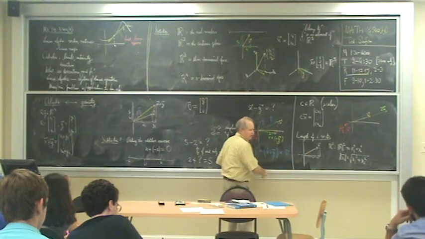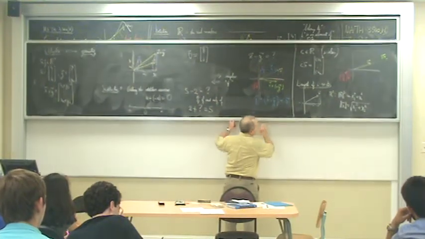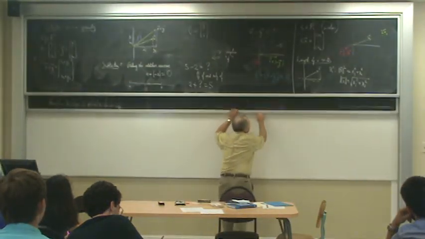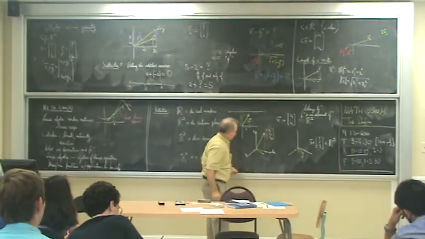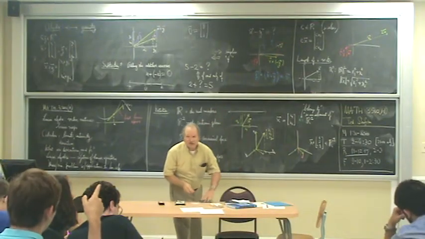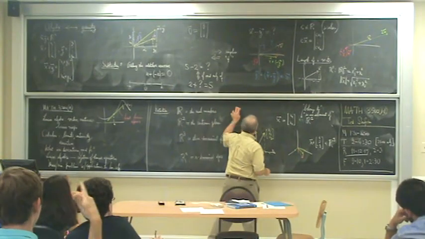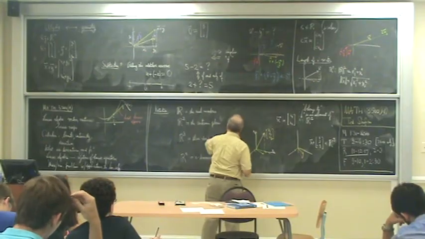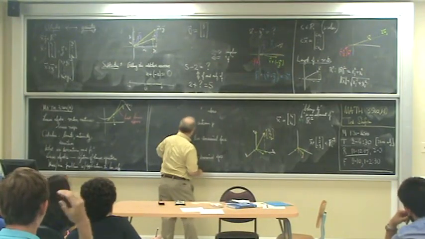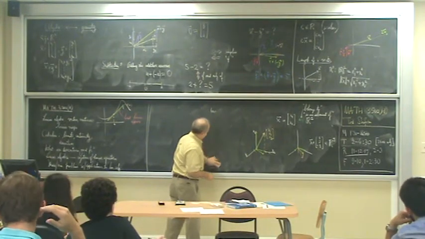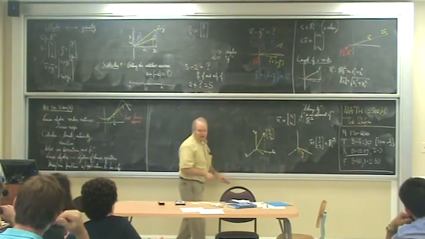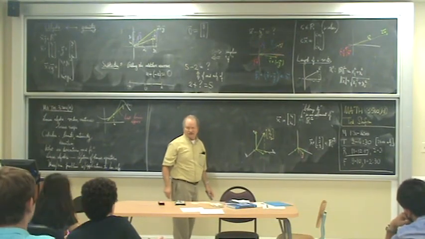Why does that work in 3 dimensions? Because you can do it stepwise. You can do a 2-dimensional vector in the bottom plane and then do the vertical component.